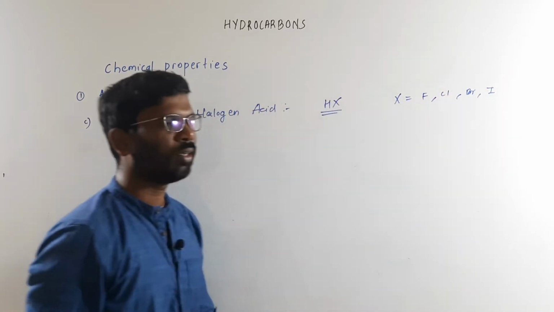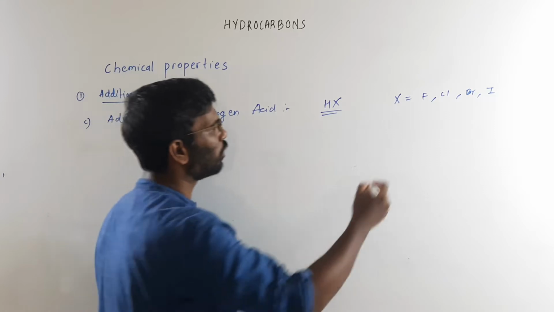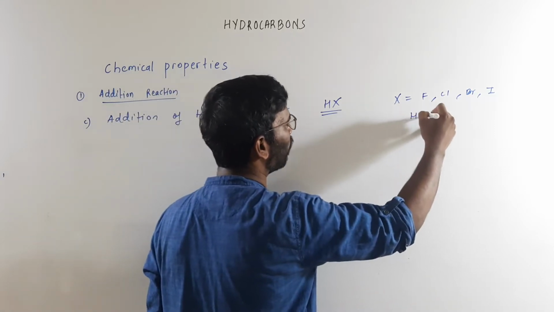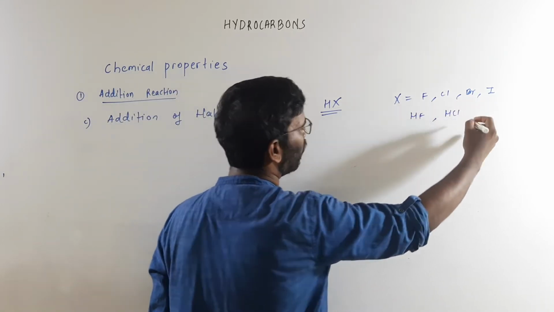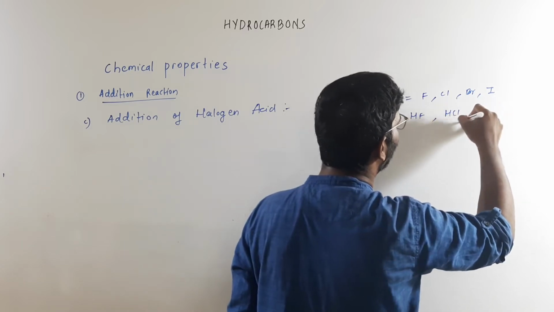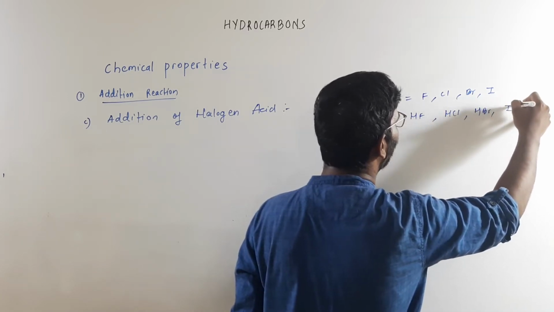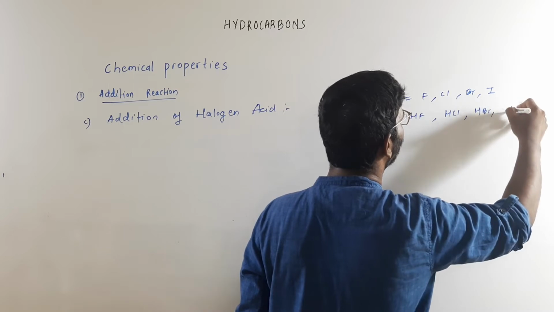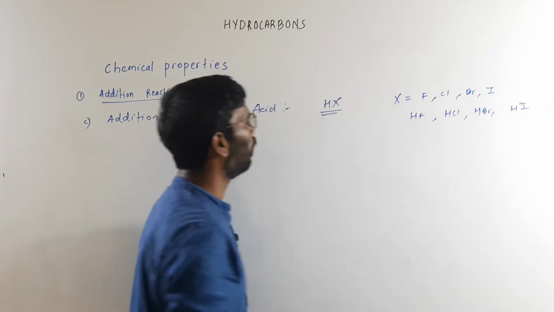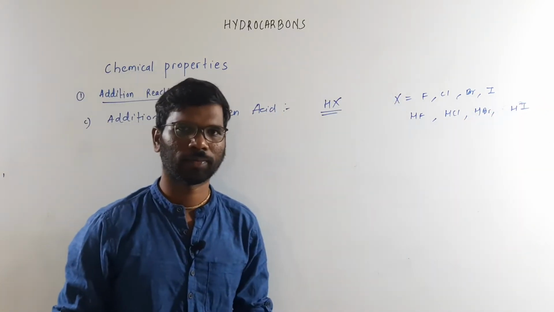And what are the halogen acids? Halogen acids will be HF, HCl, HBr, and HI. These are the examples of the halogen acids.